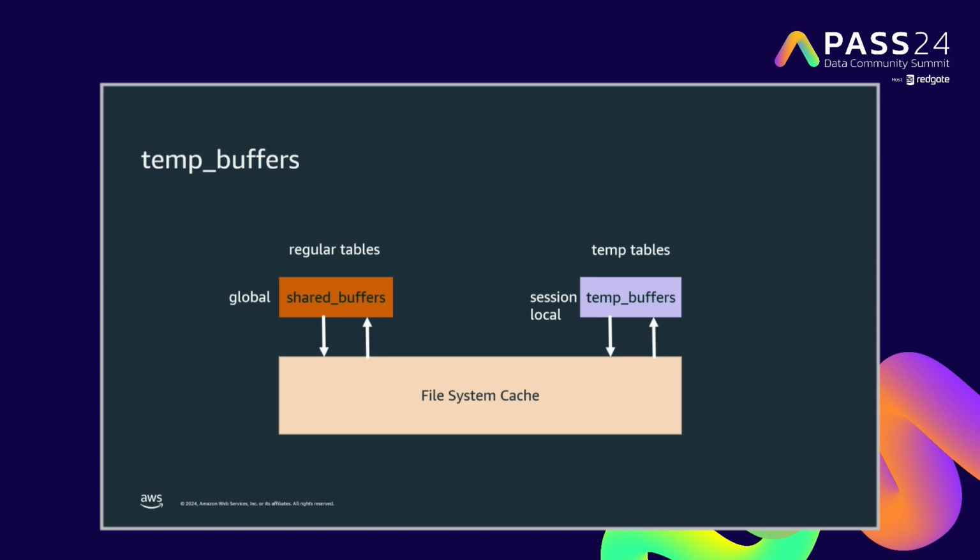And so you need to have temp buffers. But the thing to note about this picture is, guess what? Temp buffers are still backed by the file system cache, right? So you typically don't need to make this very large, because if you spill, you're still just spilling to the file system cache, and it's going to be deleted right away, so it's not usually a big deal.